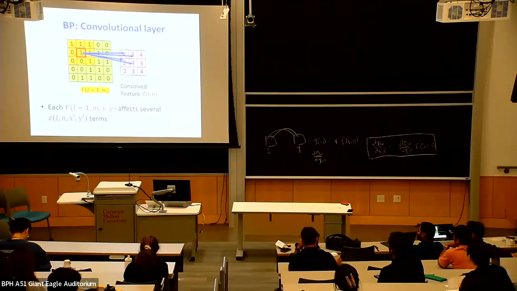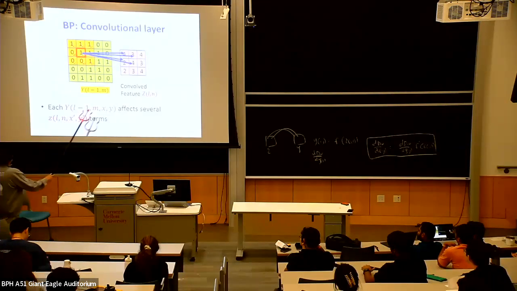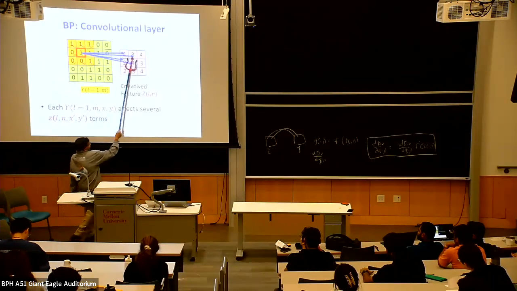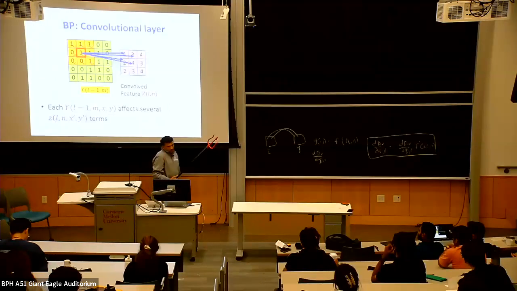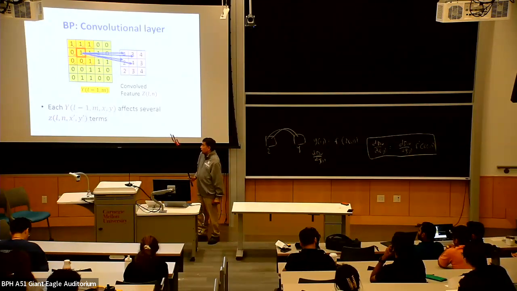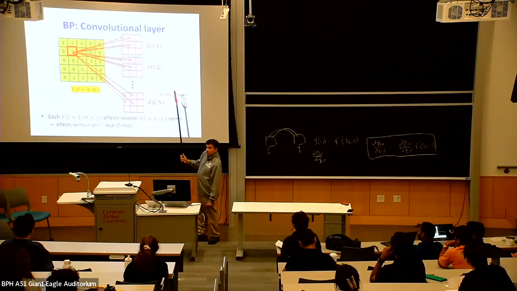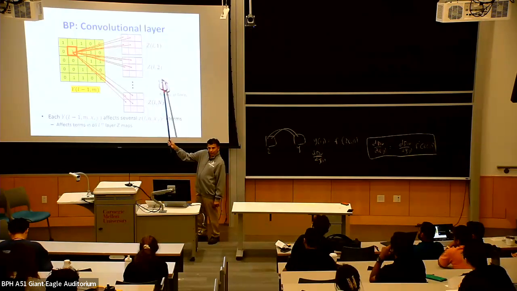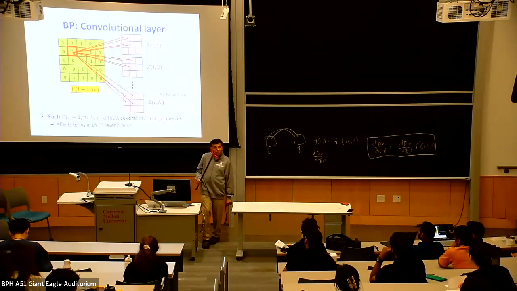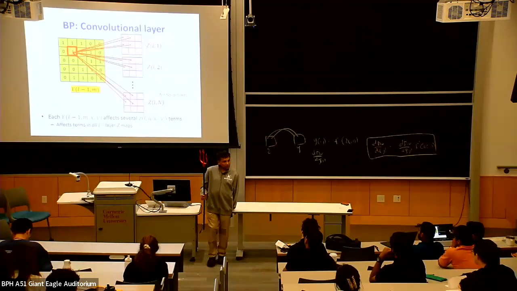So when I want to compute the derivative of the divergence with respect to this element, I must sum over these 4 elements. But that's just one channel. That element is going to be influencing the same 4 components of every output channel.